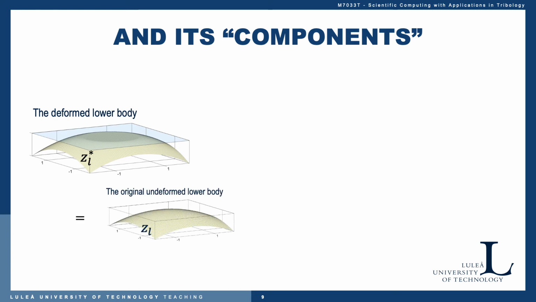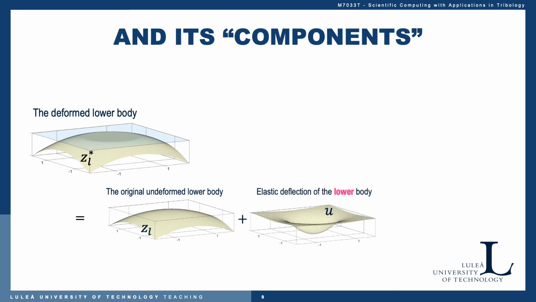Now the deformed lower body is therefore composed of the original undeformed lower body, the deformation of it, and the interference or rigid body movement or mutual approach. It has many names, here denoted by delta.